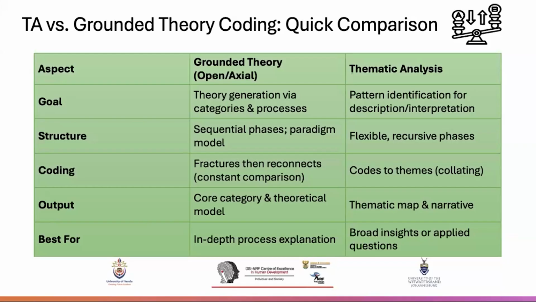Like I've mentioned earlier, if you want to capture the broader meaning or broader explanation from the data set, you would apply this kind of analysis so that it's well represented. And that's the comparison between grounded theory and thematic analysis coding.